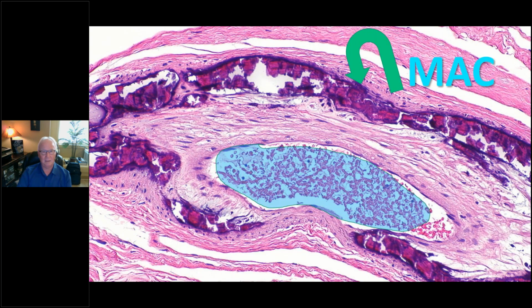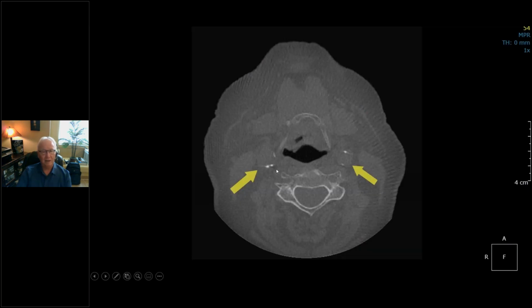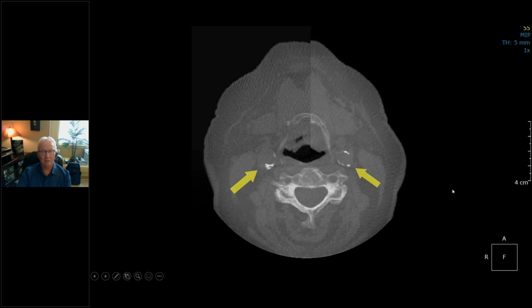The MAC is this stuff around the muscular layer. And it may be as subtle as this. This is actually the carotid artery. You know this is the hyoid. Here's another carotid artery. OMG, these calcifications are in both of those ascending internal carotid arteries. Let's thicken it out.